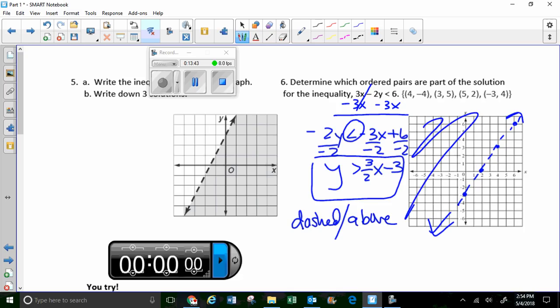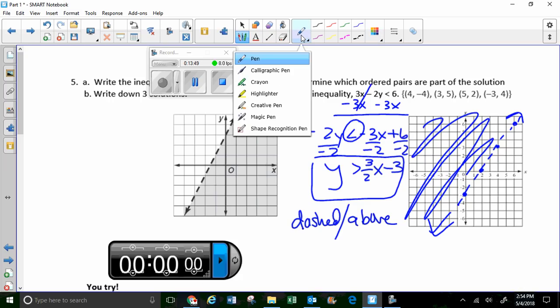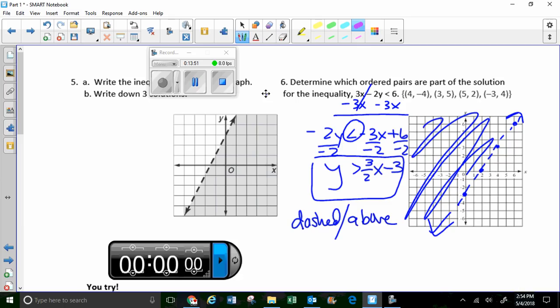Shade above. So once you have the graph, determining the solutions is easy. All you have to do is plot those points and see if they land in the shaded region. So let's look at 4, -4. Let's put a point there. Is that in the shaded region? No, it's not. So that's how we know that is not a solution.